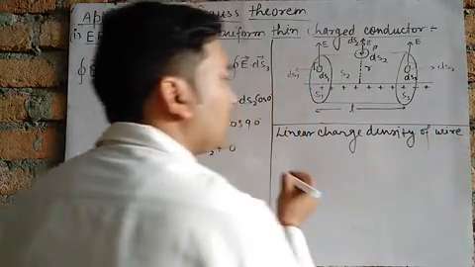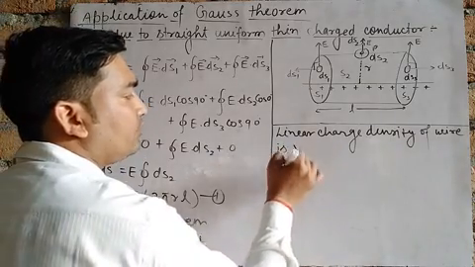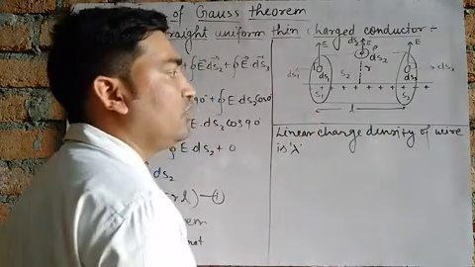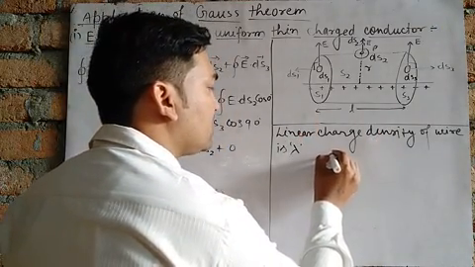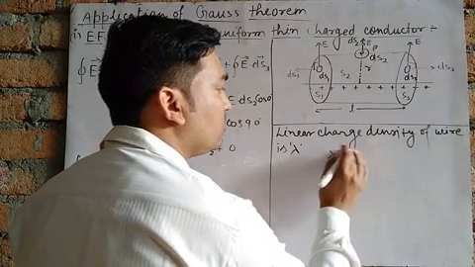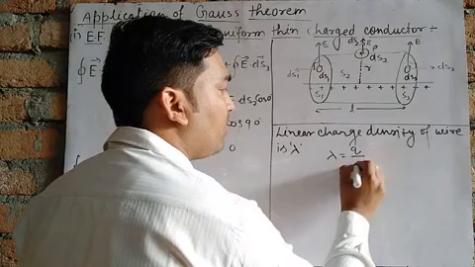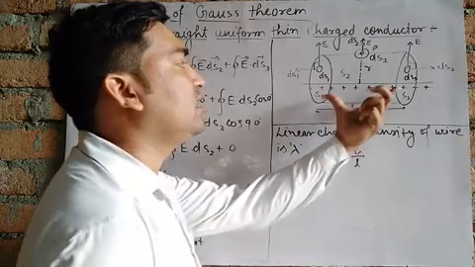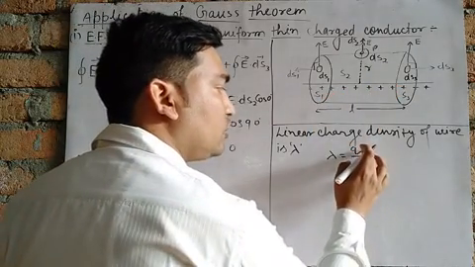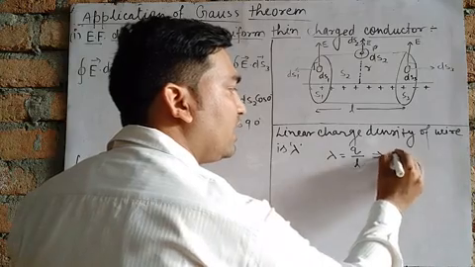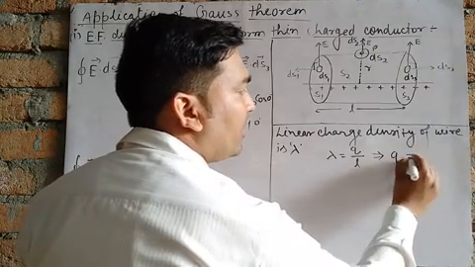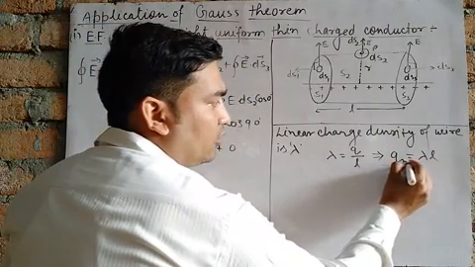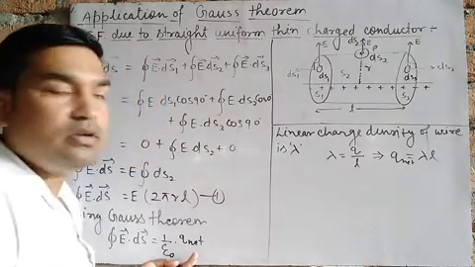The linear charge density of the wire is lambda, and as I told you in the last class, linear charge density lambda is equal to total charge Q upon total length L. L is the length of the cylinder, and let us consider this is the total charge. Then the total charge contained inside the cylinder, Q, is equal to lambda into L. Net charge enclosed within this Gaussian surface is equal to lambda into L.